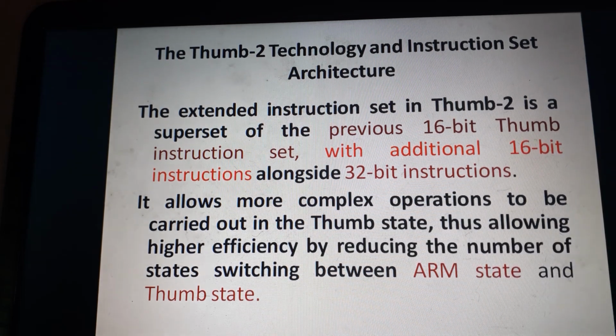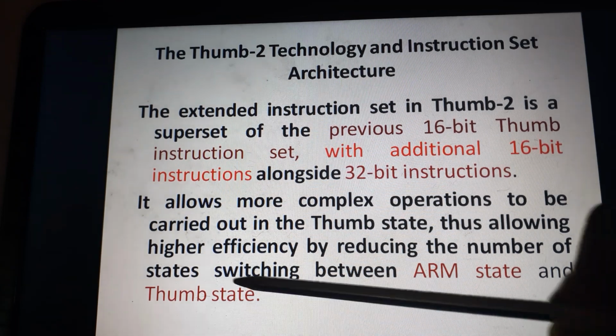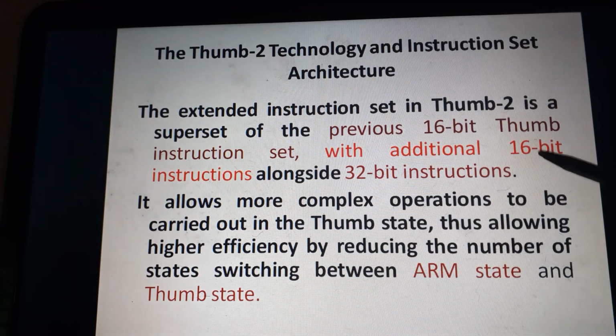That's the reason the ARM processor can handle complex operations in Thumb state itself, thus allowing higher efficiency.